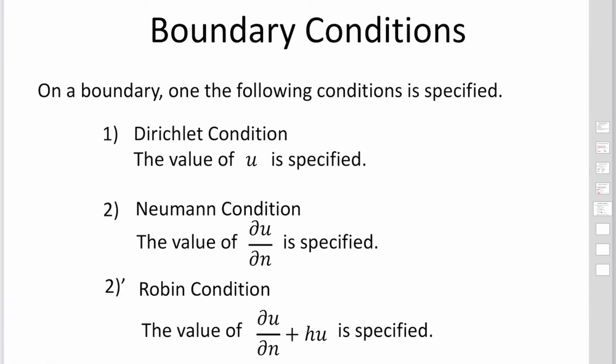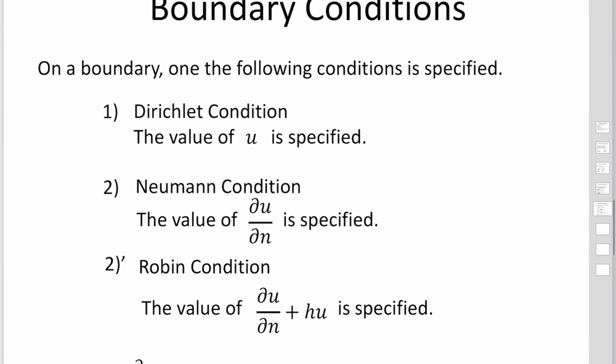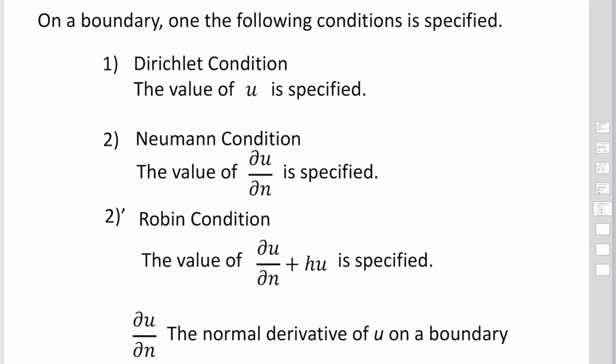Final topic in this section is the boundary conditions. On a boundary, one of the following conditions is specified. First case is the Dirichlet condition. On the boundaries, the value of u is specified. This is the Dirichlet condition. Second case is the Neumann condition.